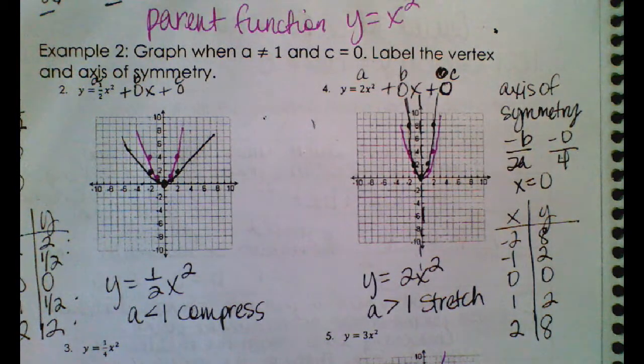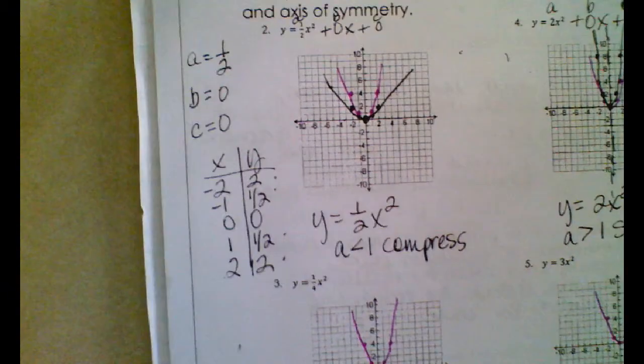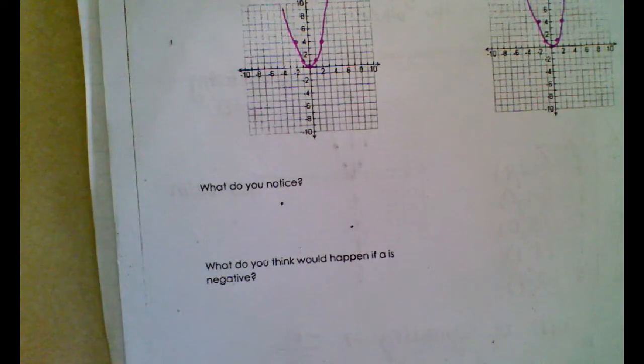One other question I want to ask you. So, Gage, pick one of those two equations that we just graphed. Which one do you want? Number 2 or number 4? Number 4. Okay. So I want you to go down below, and it says, what do you think would happen if a is negative?